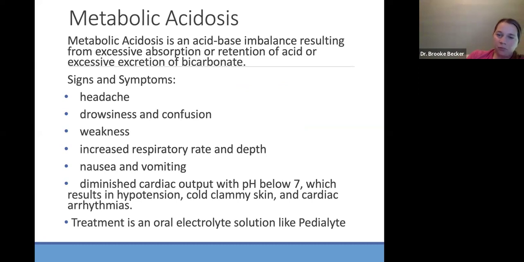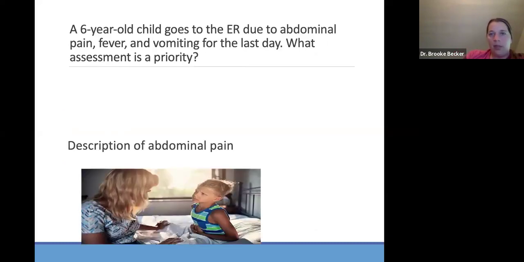Okay. And you're going to get decreased cardiac output. So that's where you're going to see cardiac arrhythmias. And your treatment of metabolic acidosis is electrolytes. So Pedialyte.